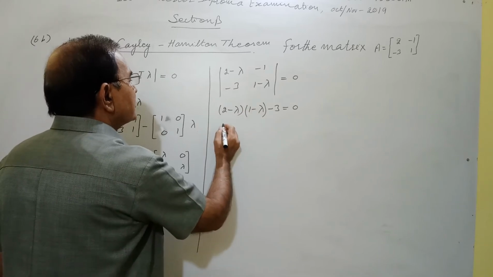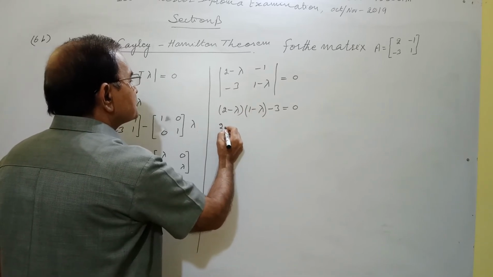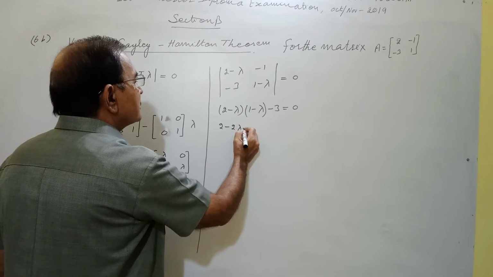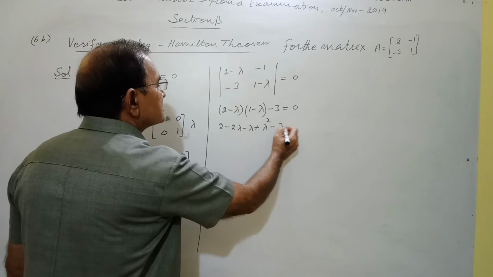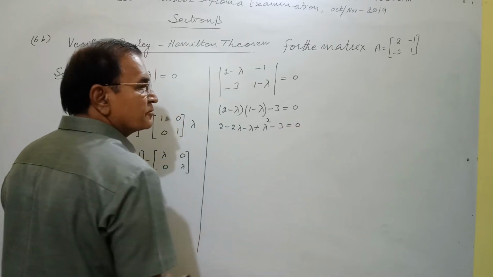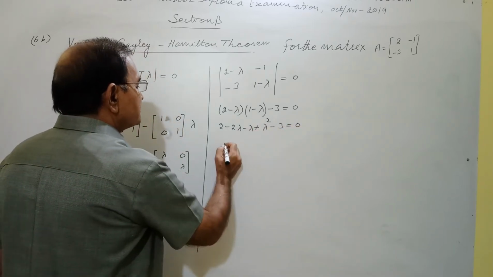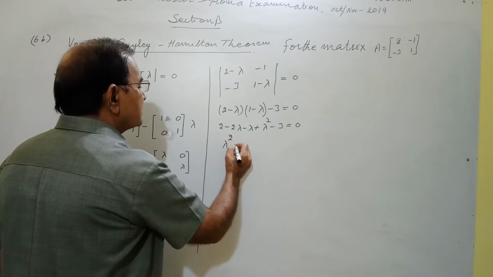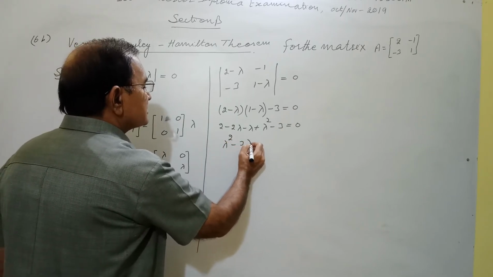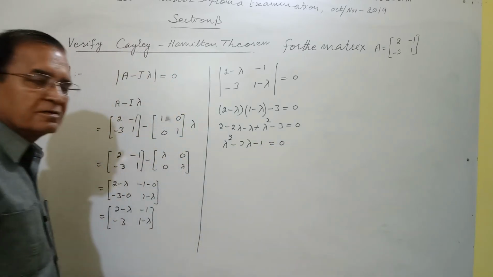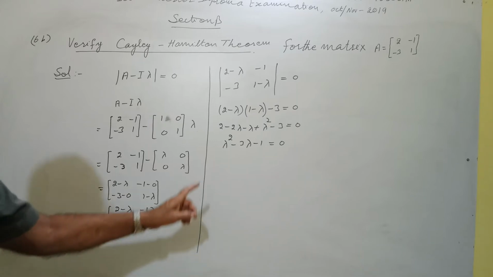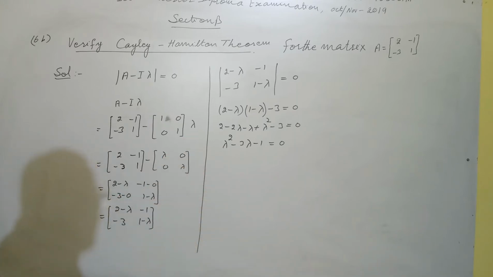Then multiply, we will get 2 minus 2 lambda minus lambda plus lambda square minus 3 equals 0, which will give us lambda square minus 3 lambda minus 1 equals 0. This is what we call the characteristic equation.